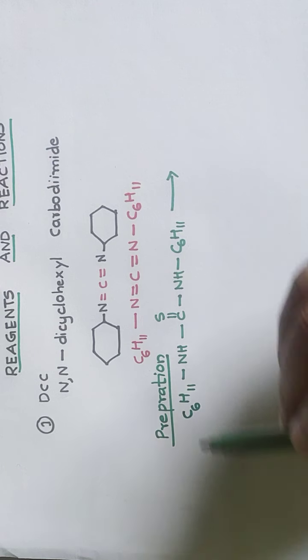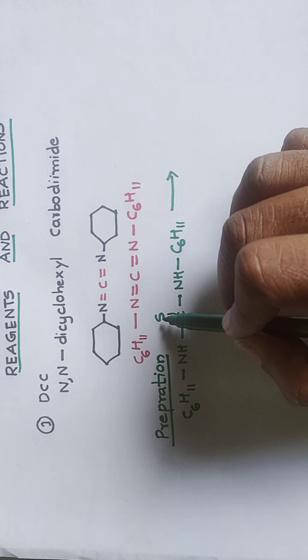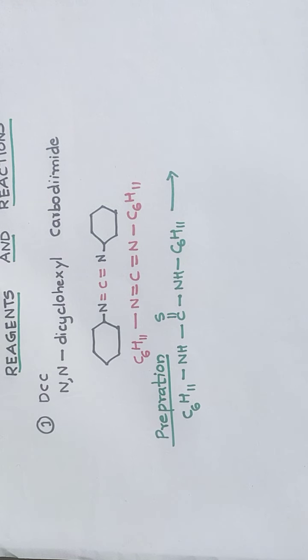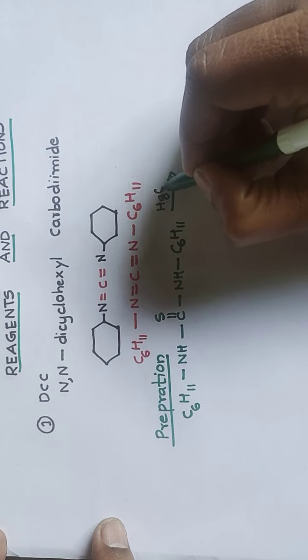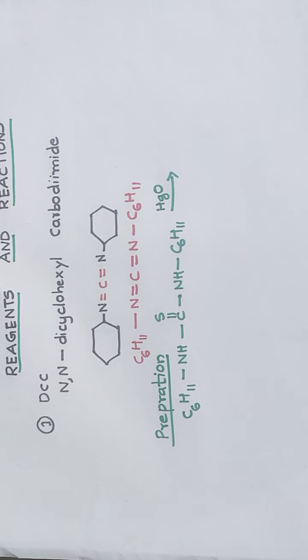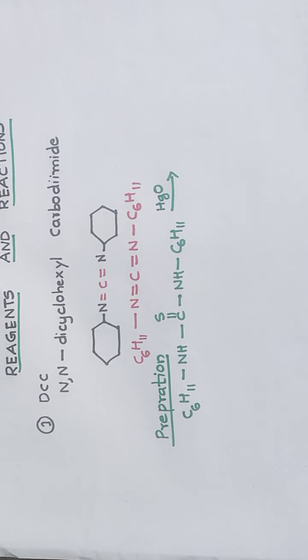NH2 C double bond S NH2 is thiourea. So what is the structure of urea? NH2 CO NH2 is urea. Instead of oxygen, if there is sulfur, we call it thiourea. So this is N,N'-dicyclohexyl thiourea. When you treat this with mercuric oxide, oxidation takes place.